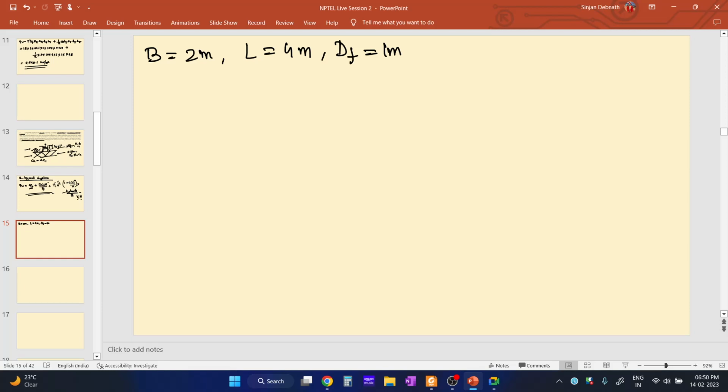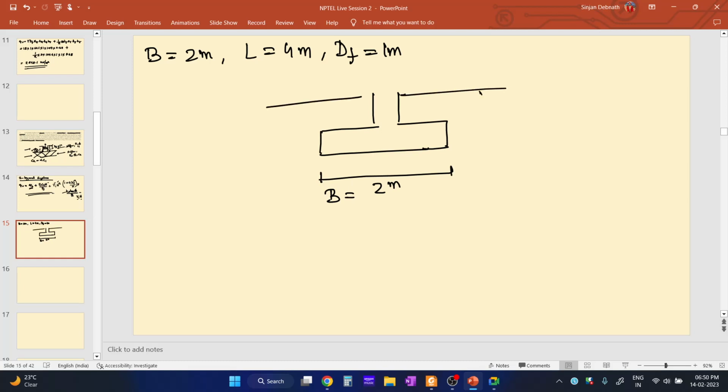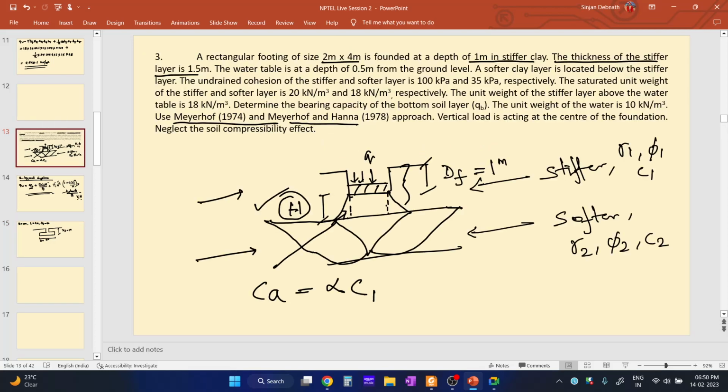So let me draw it like this. This is a footing. The breadth of the footing is 2 meter. It is founded at a depth of 1 meter. So suppose this one is 1 meter. The thickness of the stiffer layer is 1.5 meter.